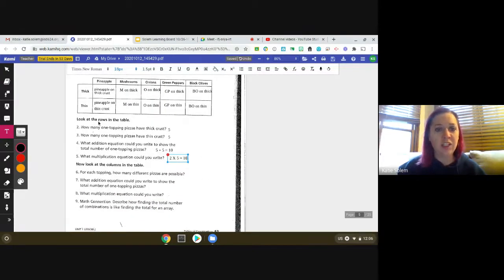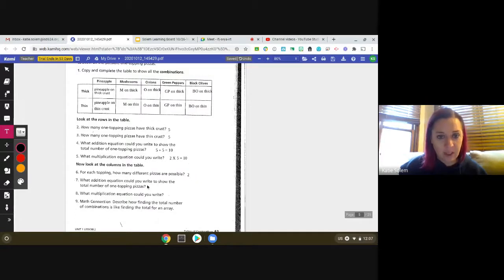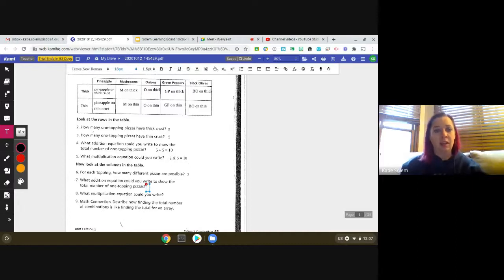Now it says for each topping, how many different pizzas are possible? Well, for each topping, they could either be thick or they could be thin. So there are two types possible. What addition equation could you write to show the total number of one-topping pizzas? Well, if each of these has 2 options, we could say 2 plus 2 plus 2 plus 2 plus 2.